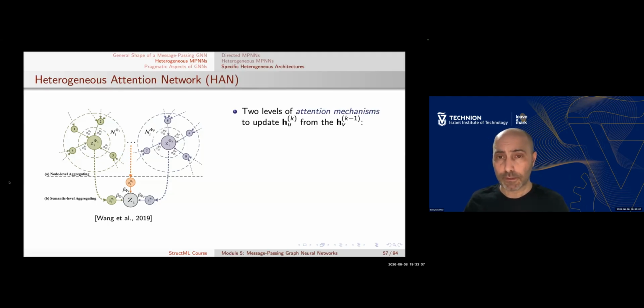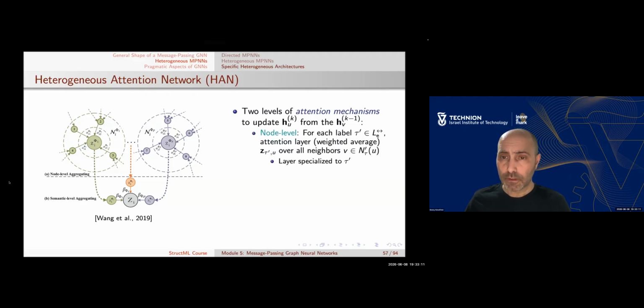Now I write it in text. We have the two levels of attention: node level, for each tau prime attending the nodes that are connected through tau prime, and the semantic level, where we attend to the different tau primes, basically aggregating the values that we got from the node level attention.